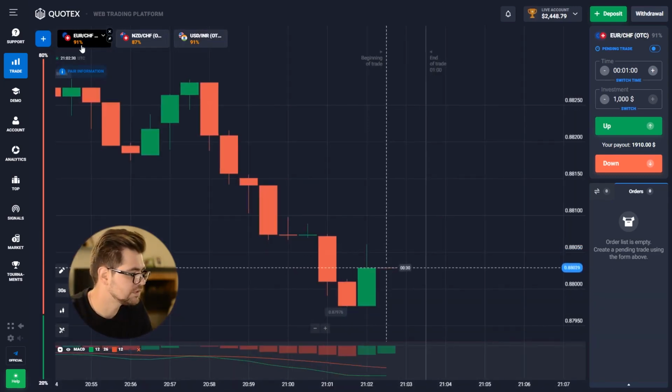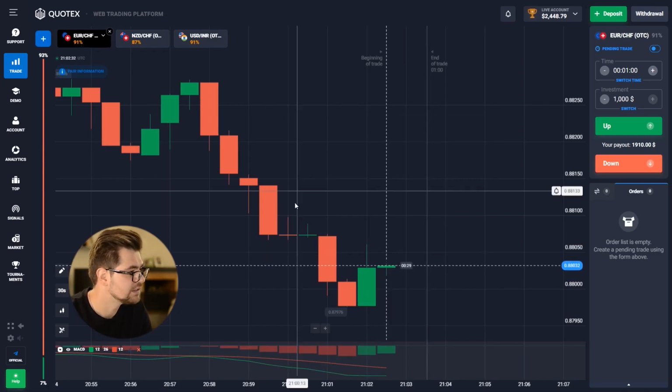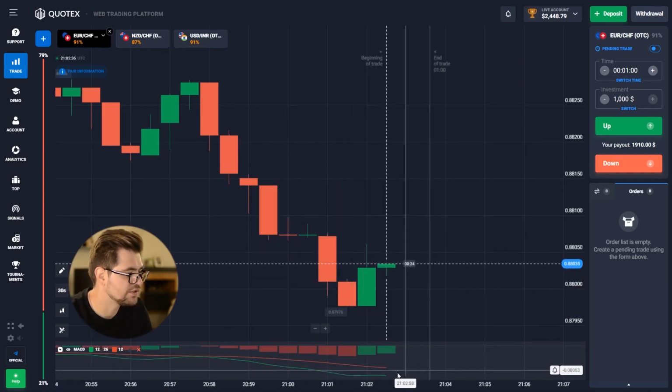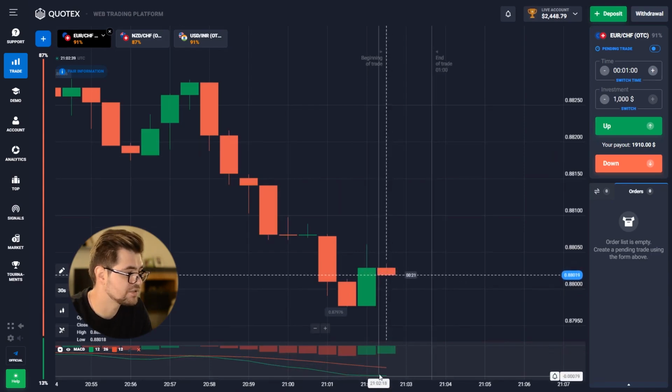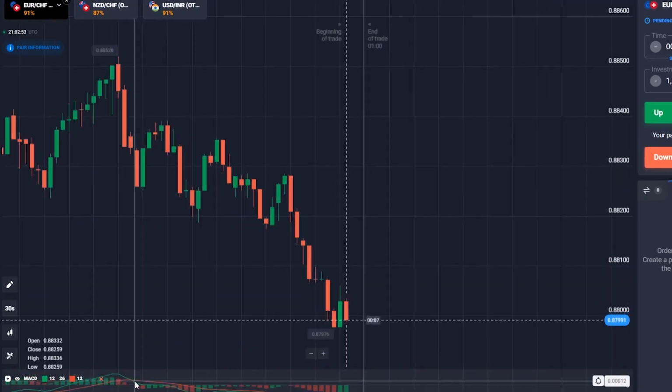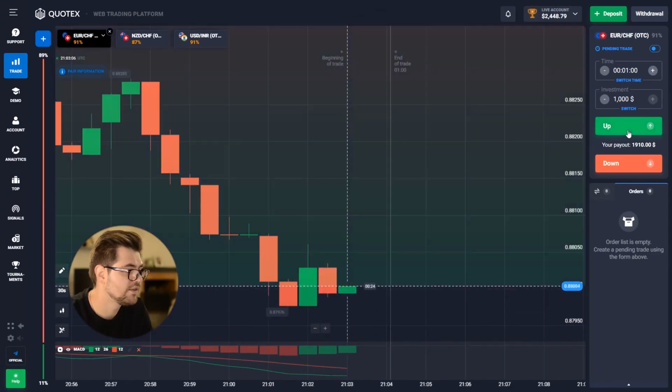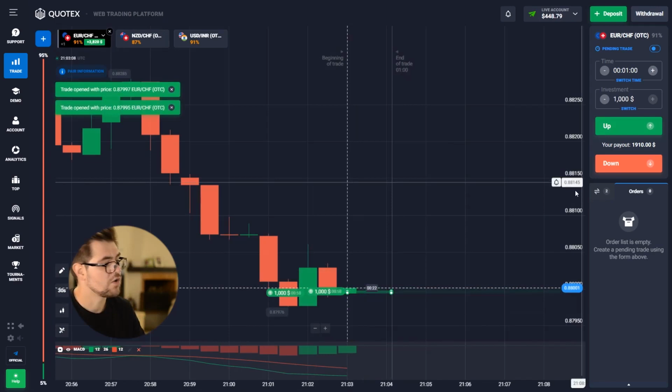Oh, this one here, you see this pattern, the green line is about to cross the orange line, I think. Let's go in here. We're gonna go with 2 call options.